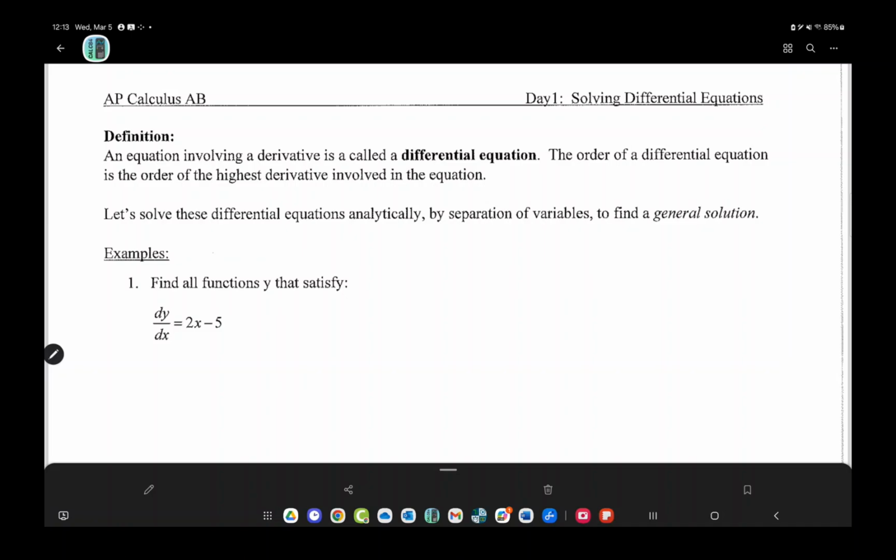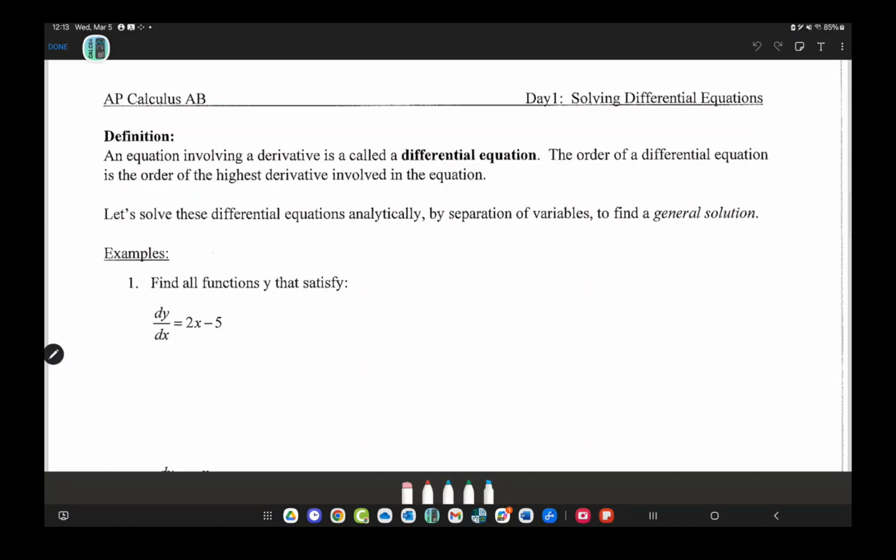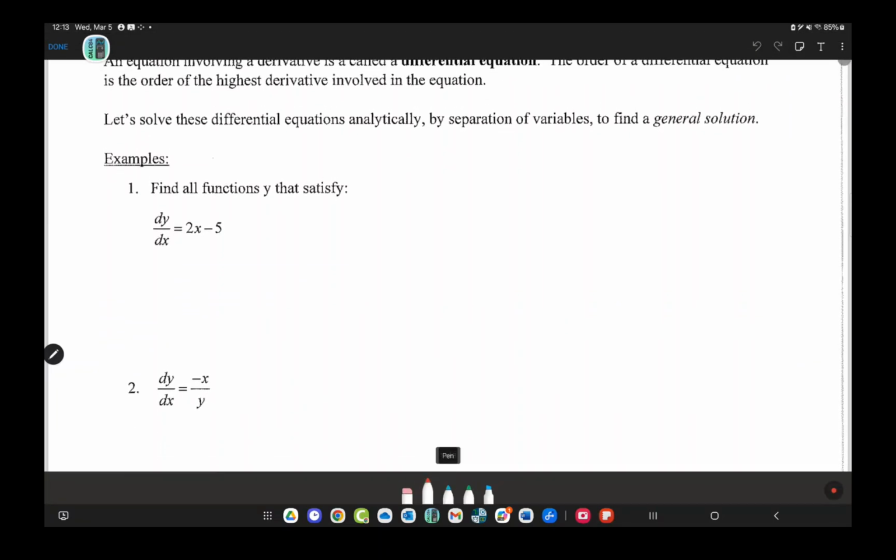So let's solve these differential equations analytically by separating the variables to find the general solution. They sound worse than they really are. What we're going to do is get dy and dx on opposite sides of the equation. So, for number 1, just multiply both sides by dx.